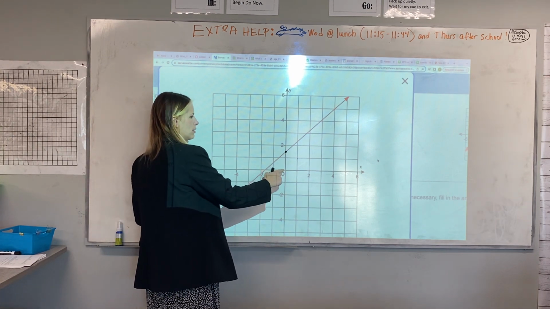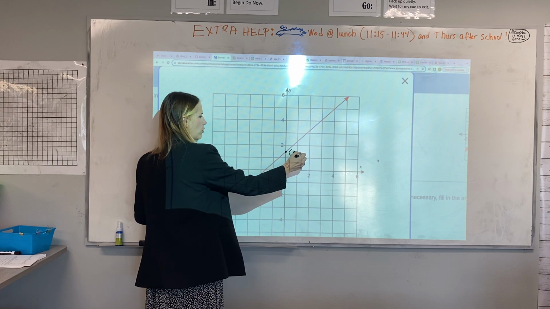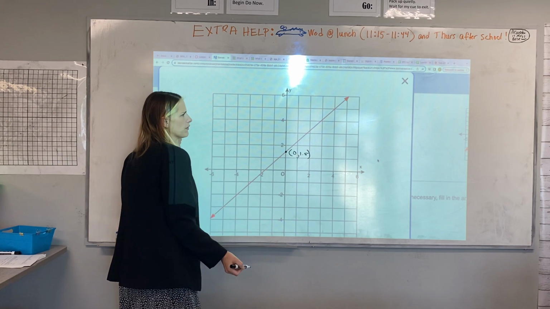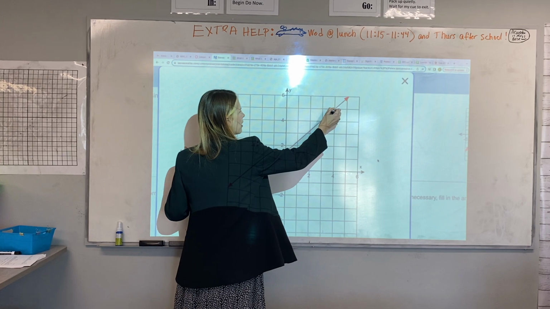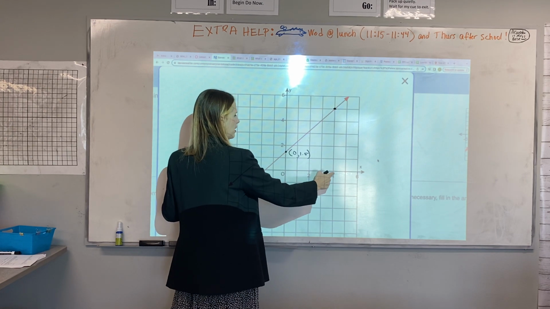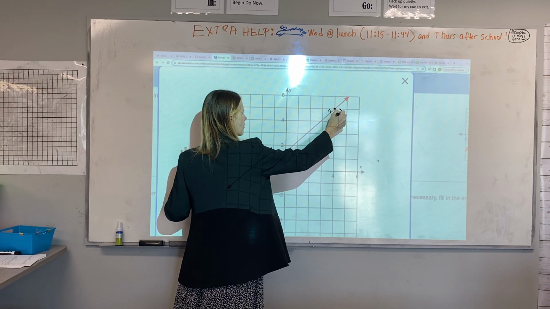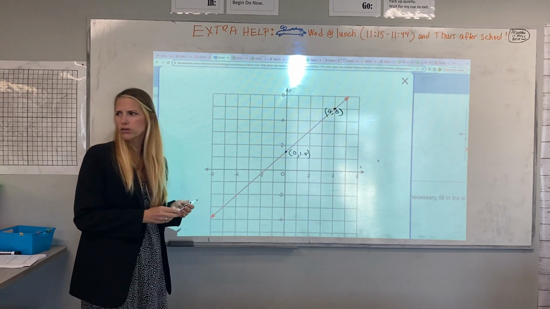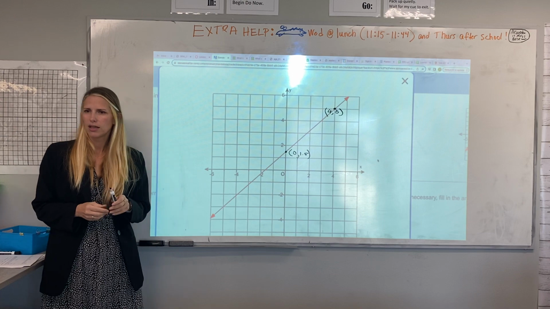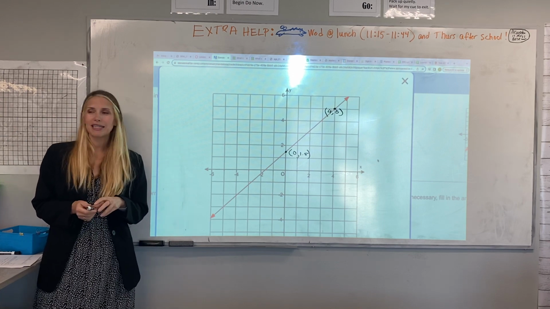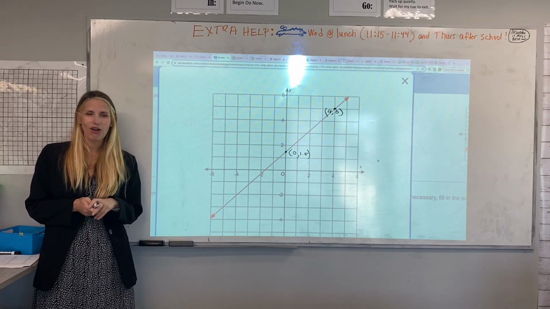That would be 0, 1.5. What if I choose this point? This would be 4, 5. Are there x values possible for this function? Absolutely. Do you want me to keep pointing out points and try to name all of them?